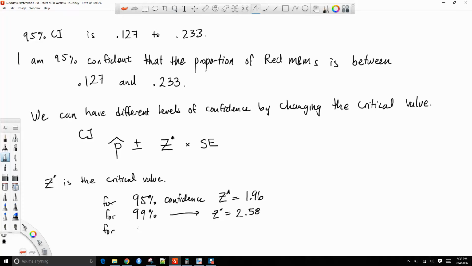If you're willing to be less confident, for 90%, z star is 1.645. And for 80% confidence, z star is 1.28.